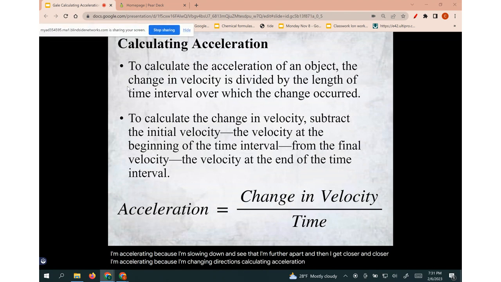Calculating acceleration. To calculate the acceleration of an object, the change in velocity is divided by the length of time over which the change occurred. To calculate this, we need the initial velocity, and we subtract that from the final velocity. That's the change in velocity over the time interval.